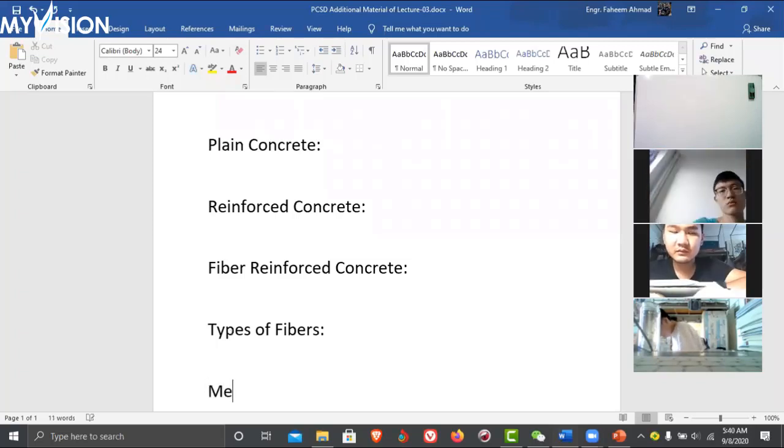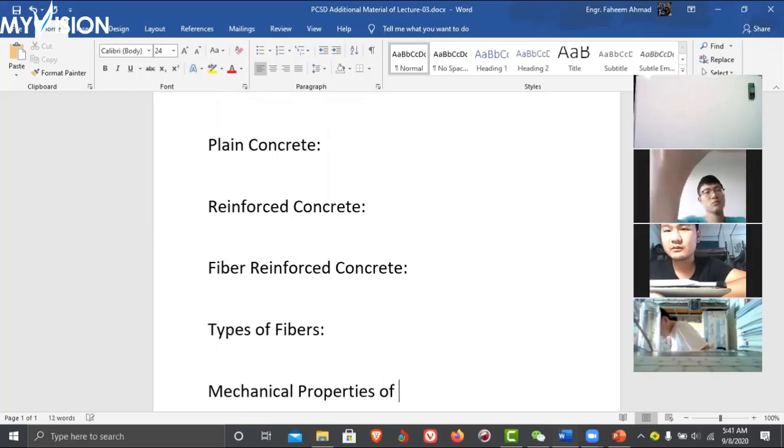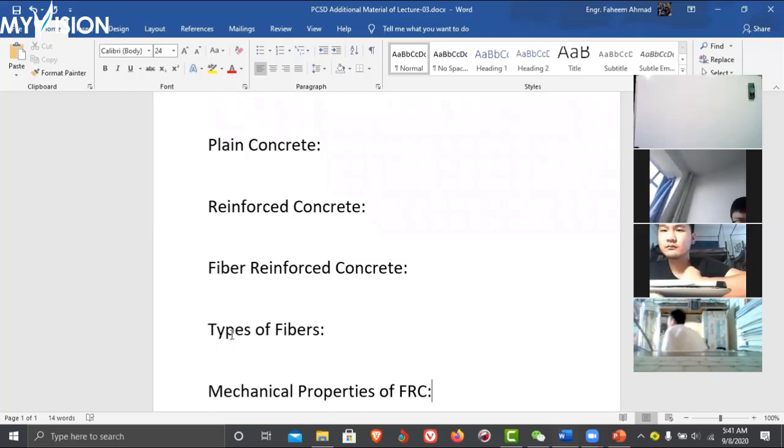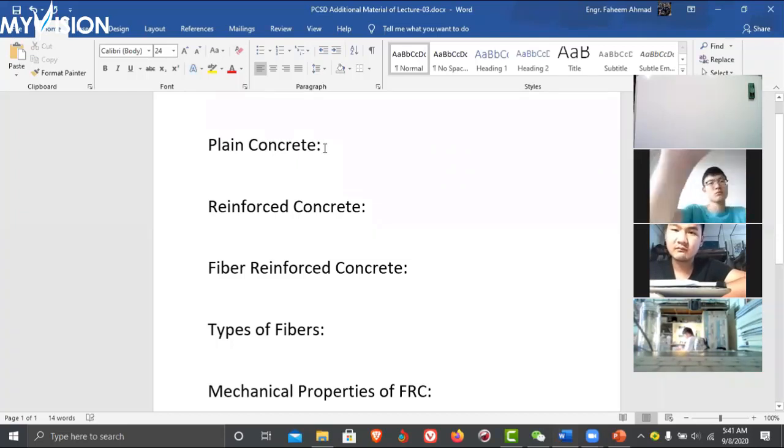And also the mechanical properties of FRC. Yesterday we have studied all these things. Do you know what is plain concrete? Can you answer me?